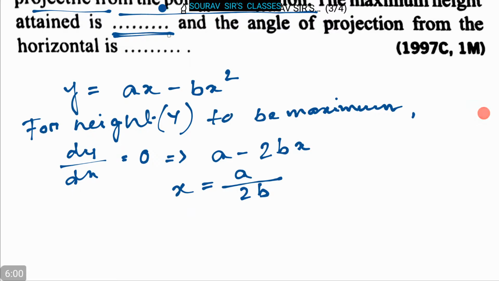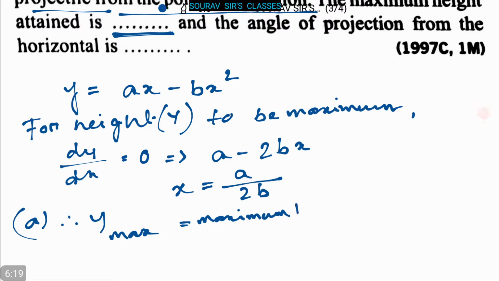So for the first dash, y max, that is the maximum value of y, is the maximum height.